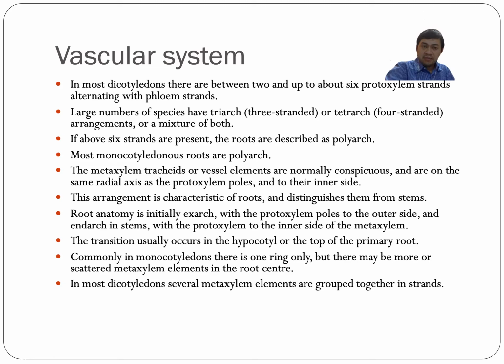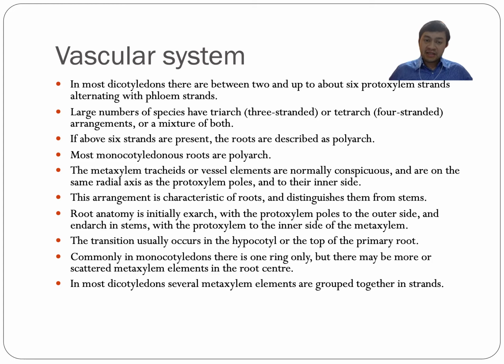A large number of species have a triarch, 3-stranded, or tetrarch, 4-stranded arrangement, or a mixture of both. If about 6 or more strands are present, the roots are described as polyarch. Most monocotyledon roots are polyarch.